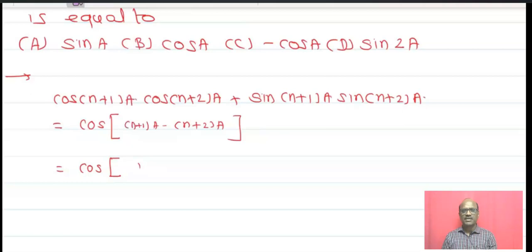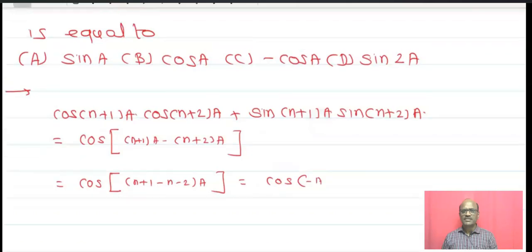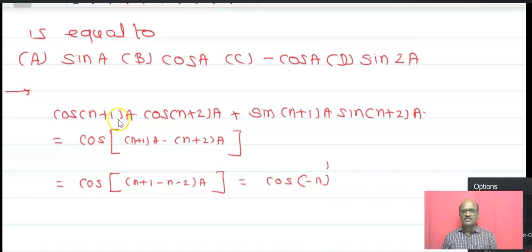Now we have applied the formula for cos(a minus b). Take a as common from these two terms, then in the bracket you will get (n+1) minus (n+2).